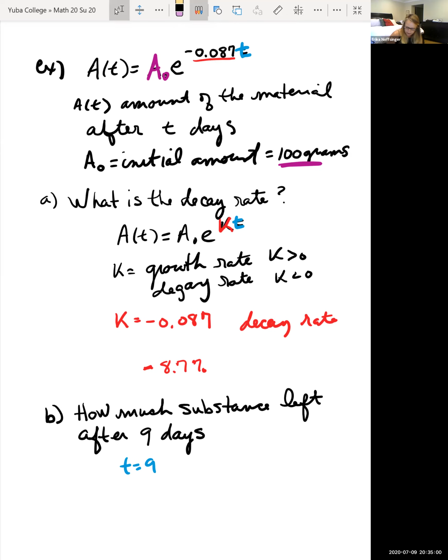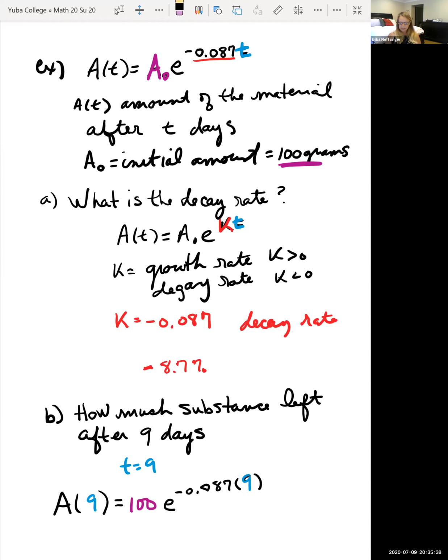So our amount, A sub 9, is equal to our 100 e raised to the negative 0.087 t, which is 9. So that's pretty much a calculator exercise and being able to plug this in correctly.